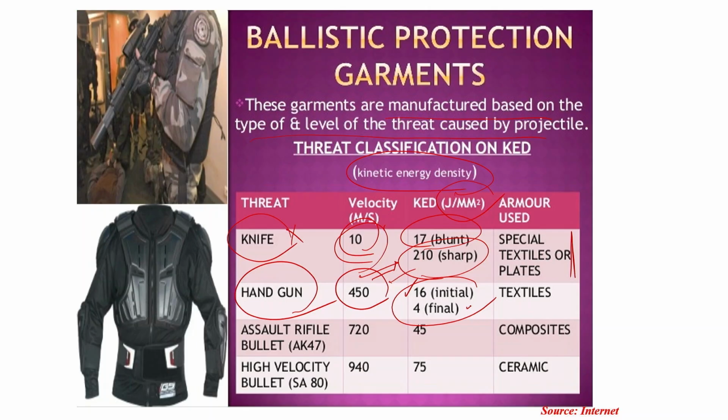That is mainly because the cartridge we use in handgun is basically a blunt one with a much higher cross sectional area, that is why the kinetic energy density is low. So, here we can use multi-layer textile material or special textile structure.